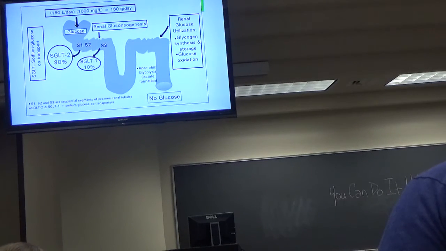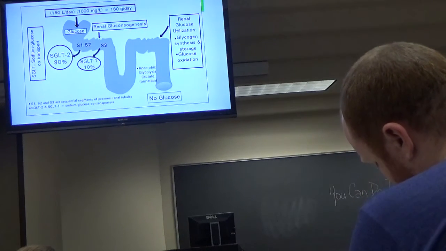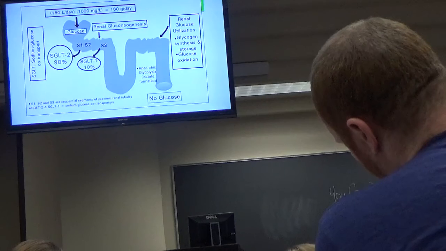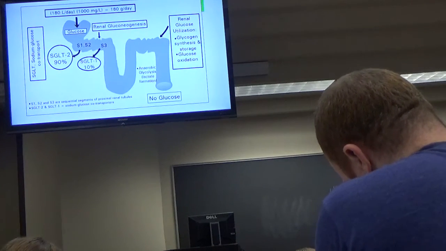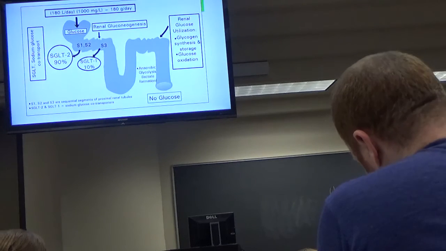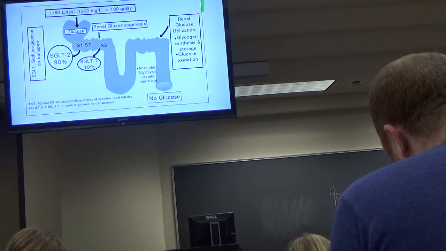So it is not as well worked out, and it isn't factored into the pathophys of type 2 or of any diabetes as much as we talk about the liver. But it probably is on the same scale as the liver in terms of being able to make new glucose.